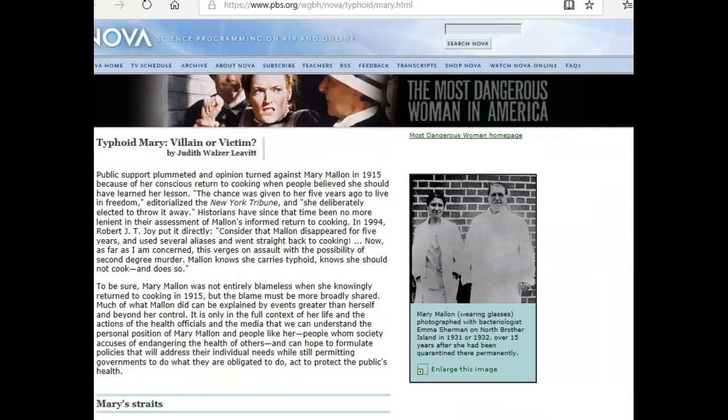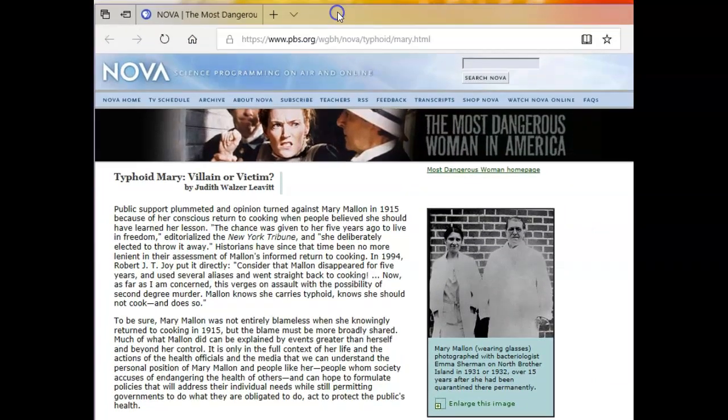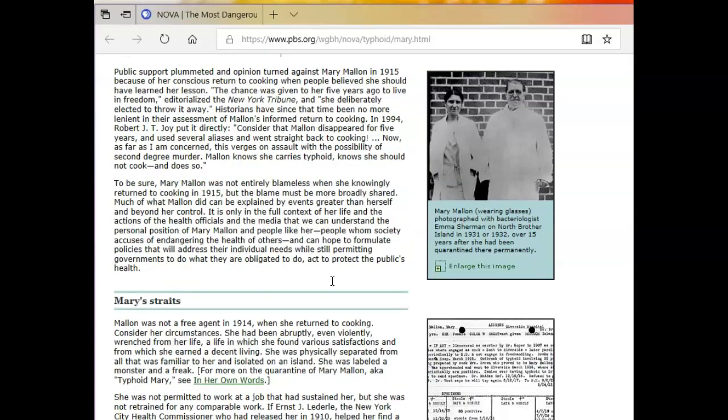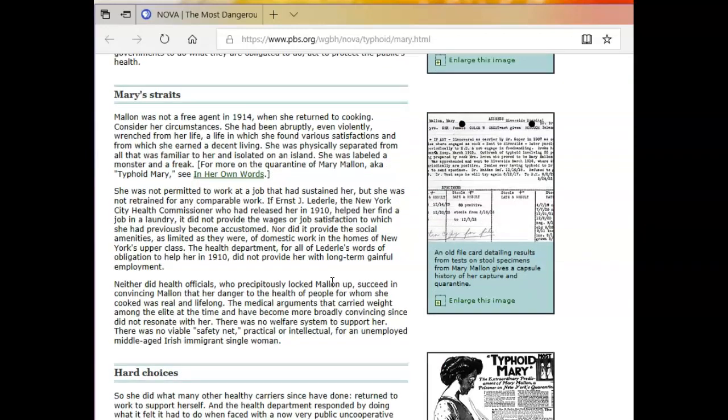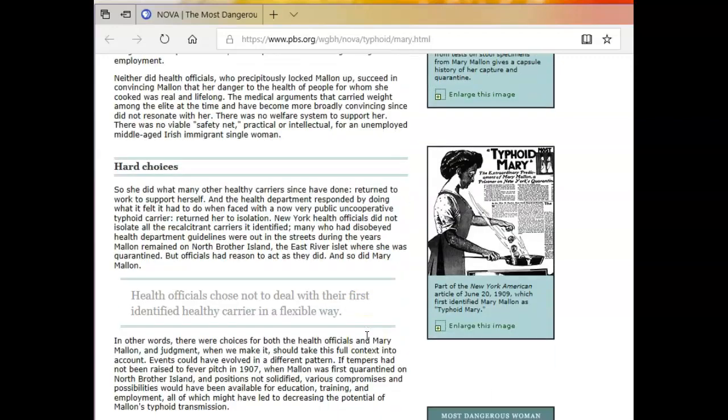I'll show you what this looks like here. Typhoid Mary, villain or victim. Basically, this is a story about Typhoid Mary, who was carrying typhoid fever, the typhoid organism, and she knew she had it. But she was a chef, and that was her means of making a living.